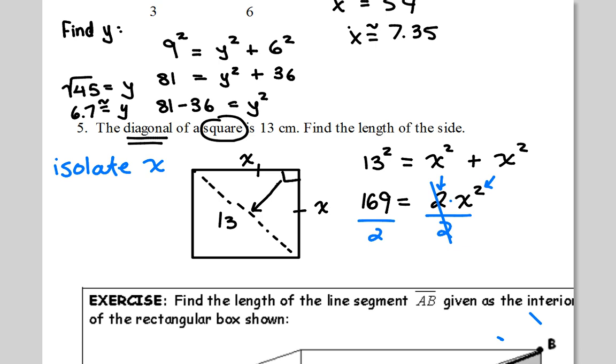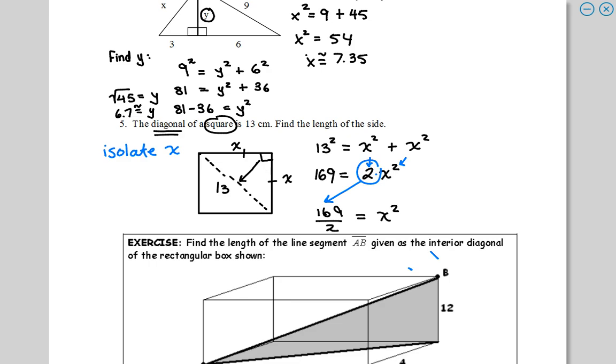The other way you can think about it is if 2 is multiplied on the right, I can pick it up and move it. 2 is a divide on the left. So if it's upstairs on the right, 2 is downstairs on the left. Either way that you think about it, you will have 169 divided by 2 is equal to x squared. 84.5.